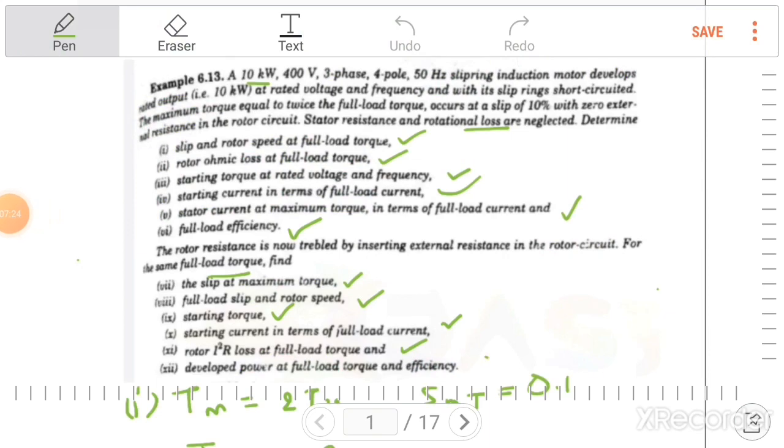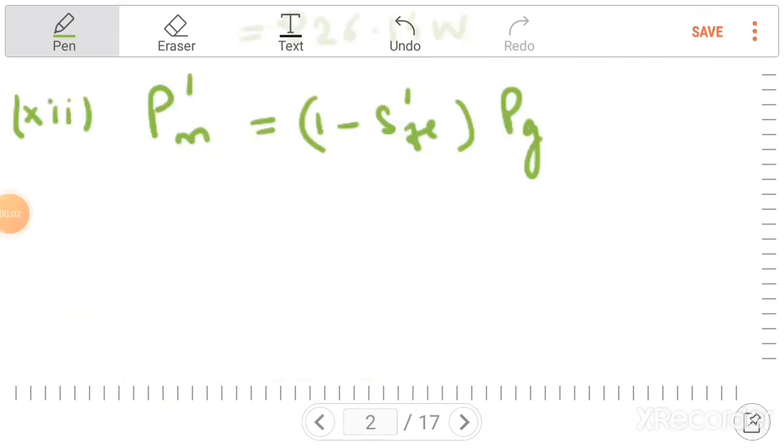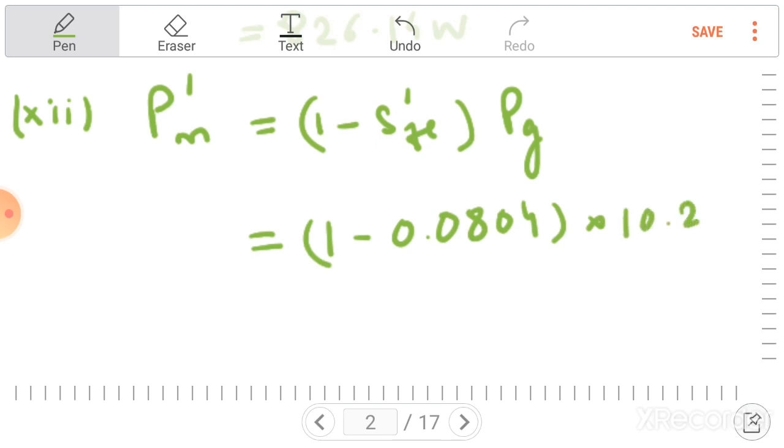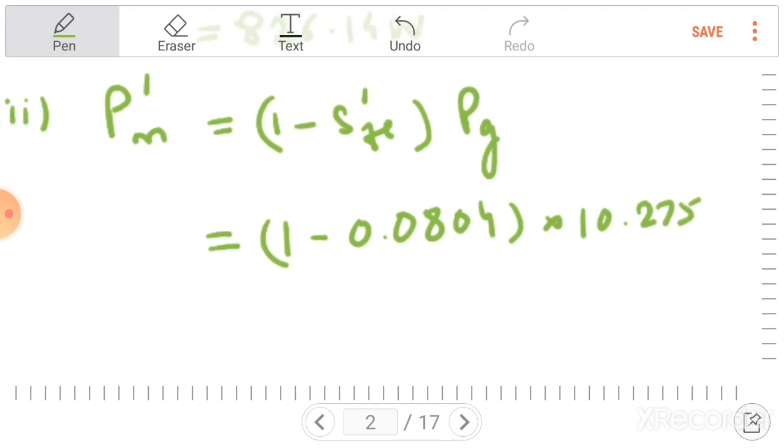In the last part, developed mechanical power and efficiency at full load torque is asked. Mechanical power developed after inserting the rotor resistance will be equal to (1 minus S at full load condition) multiplied by air gap power. 1 minus S at full load after inserting the resistance is 0.0804, and PG remains the same at 10.275 kilowatt.